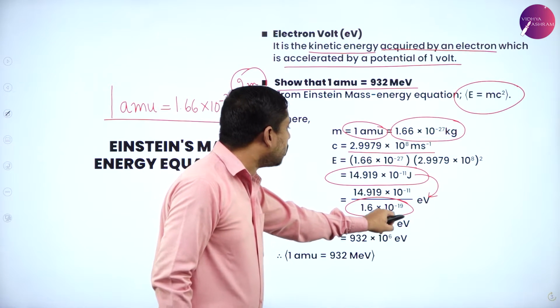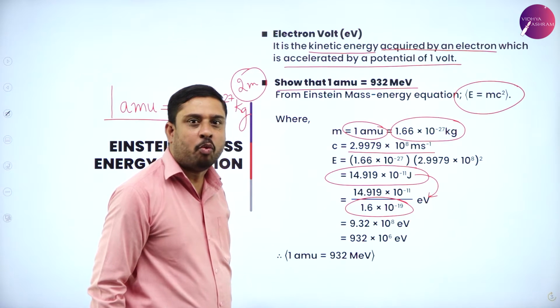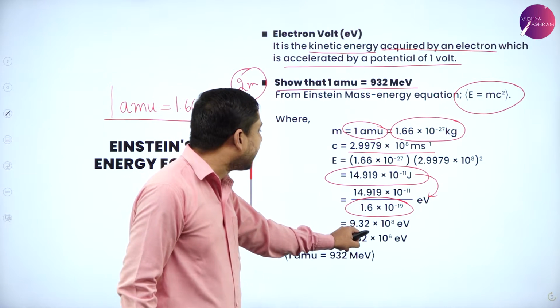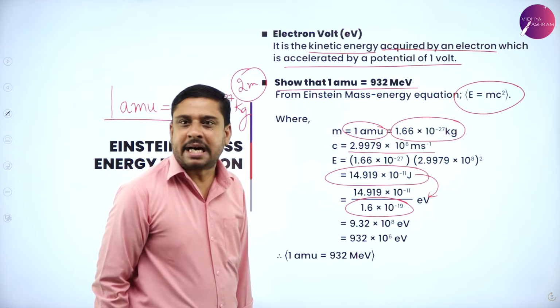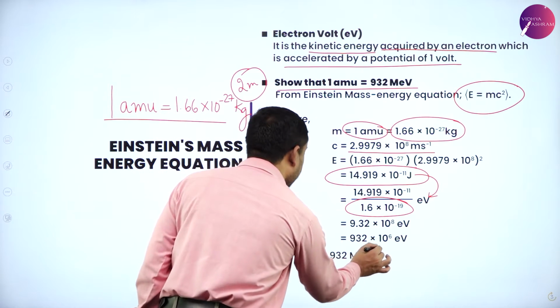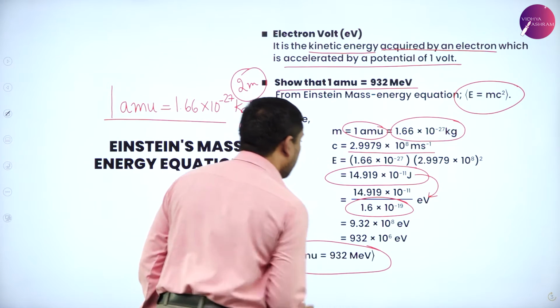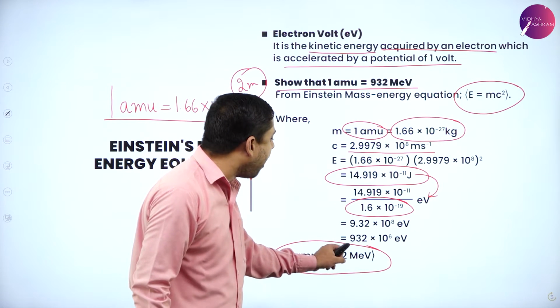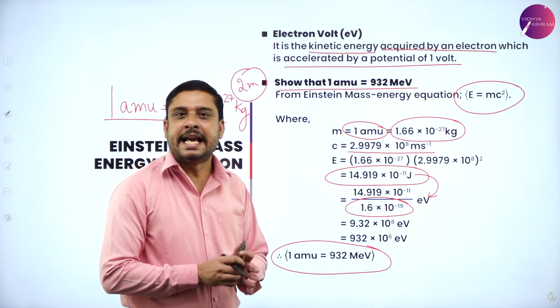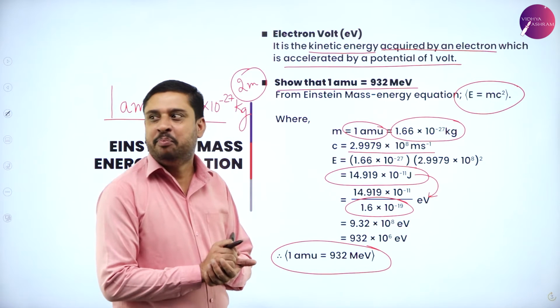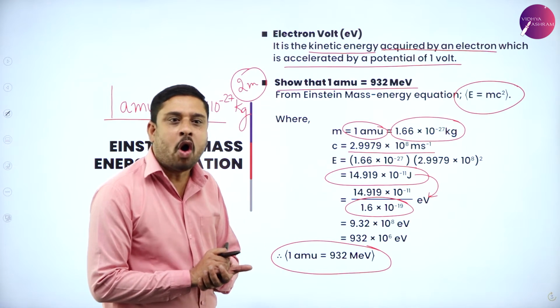That gives 9.32 into 10 power 8 electron volt, or 932 into 10 power 6 electron volt. So very clearly, 1 atomic mass unit is 932 million electron volts.